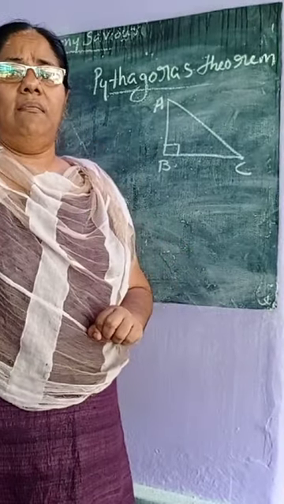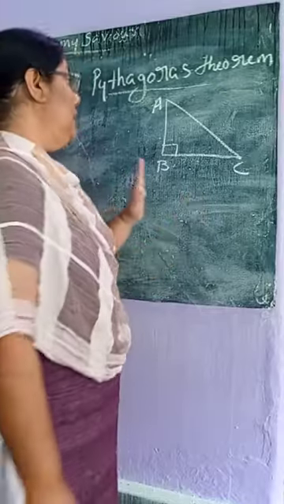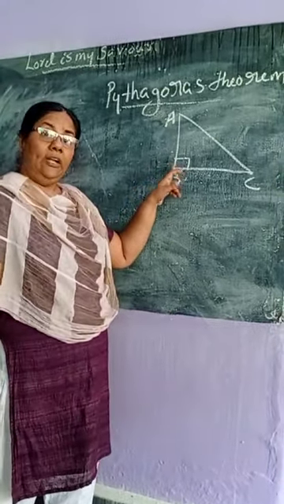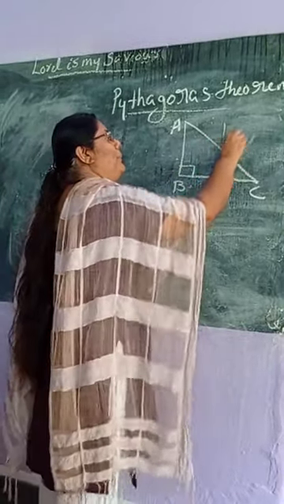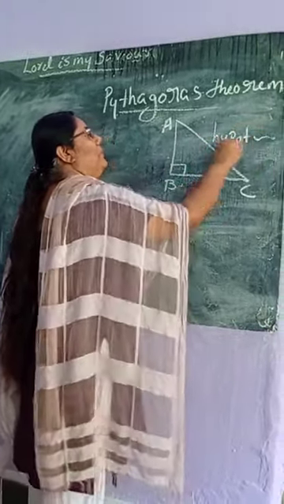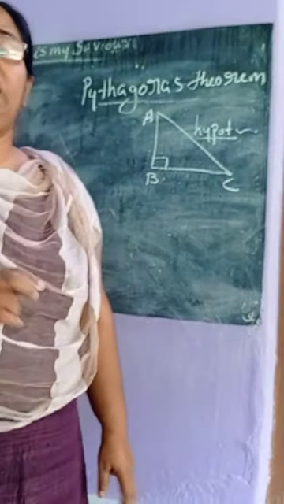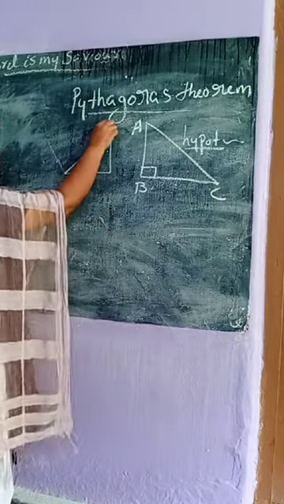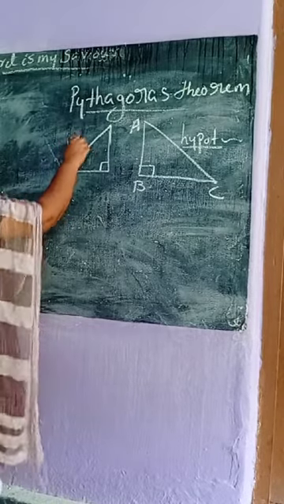If it is a right-angled triangle, the side opposite to 90 degrees is known as the hypotenuse. Suppose you draw a triangle like this, this is 90, then this is the hypotenuse.